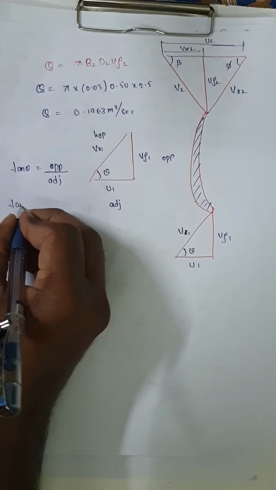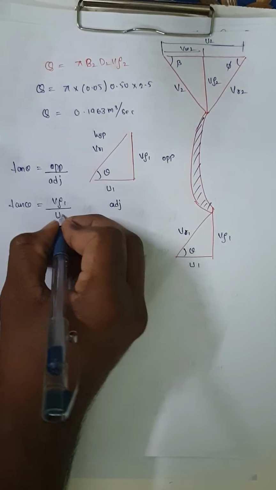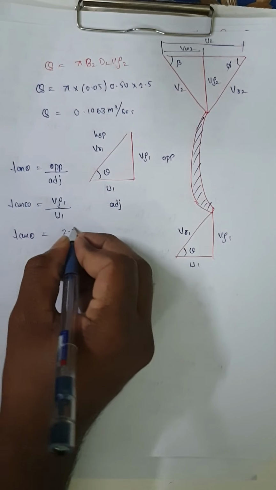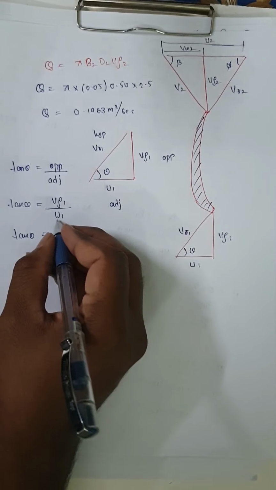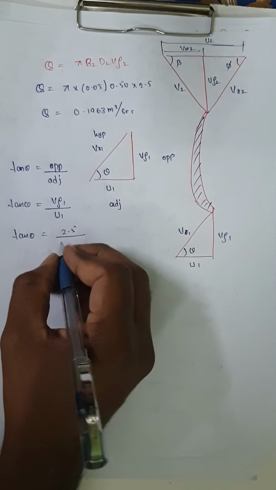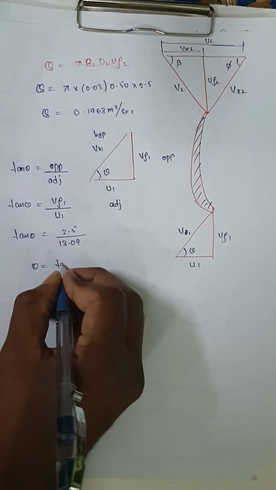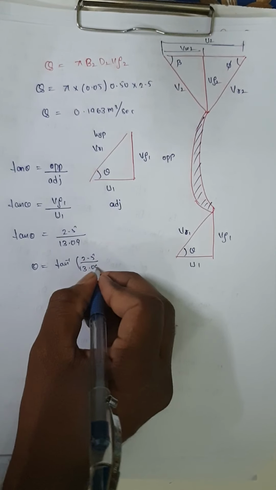So tan theta is equal to, opposite value is Vf1, adjacent value is u1. Vf1 value is given in your question, that is 2.5 meter per second. Then u1 just now you got the value, 13.09. So theta is equal to tan inverse of 2.5 by 13.09.